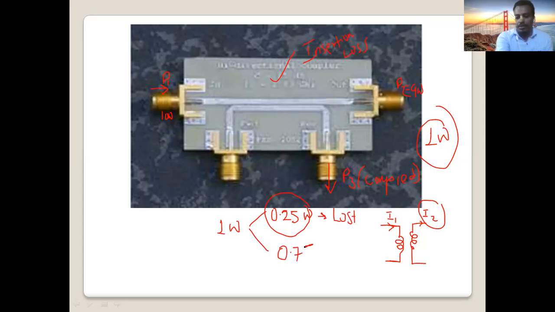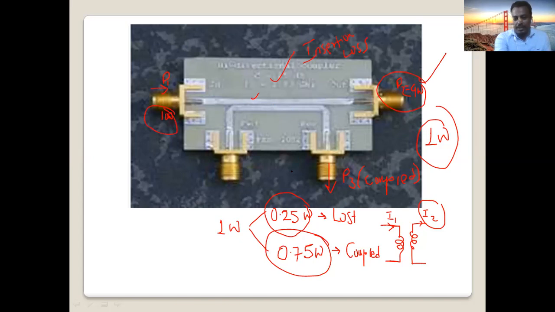0.75 watt. This amount of power is what we call coupled. So you see here, we apply 10 watt. 9 watt is transmitted directly through transmission line 1.